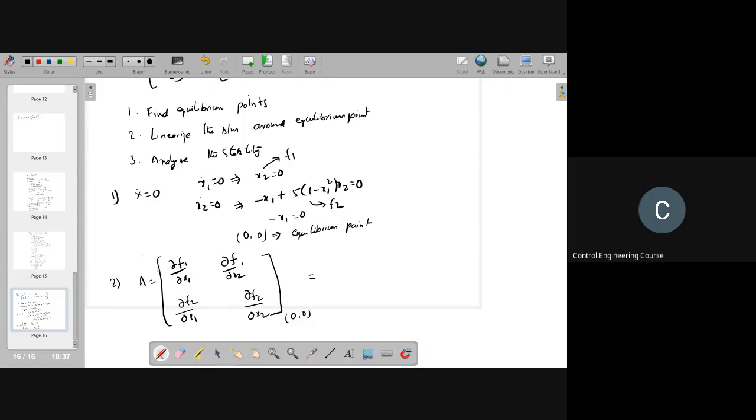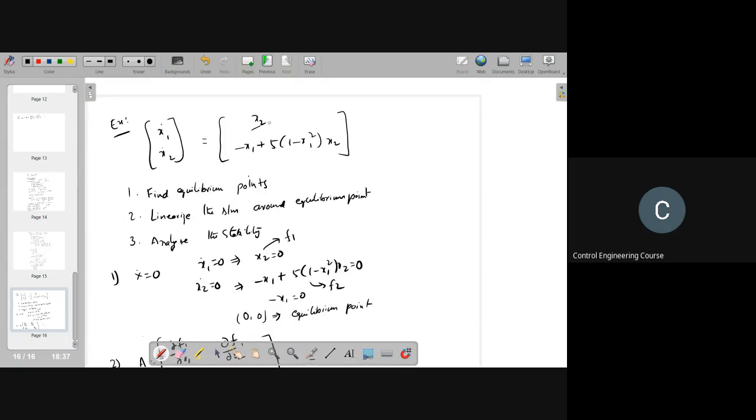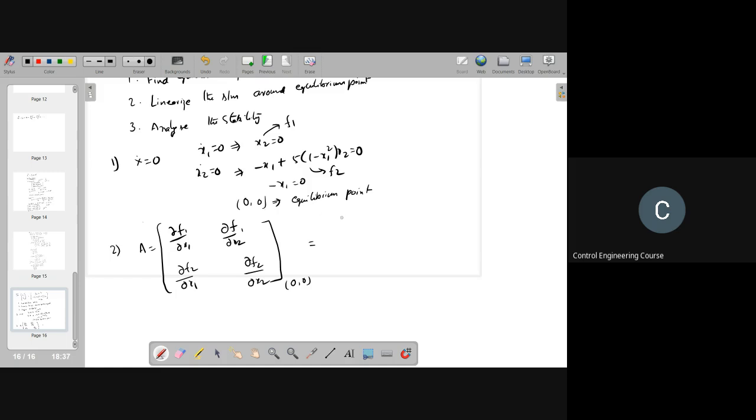Now dou f1 by dou x1 means this one. This is your f1, this is your f2. So f1 is x2 and f2 is minus x1 plus 5 into 1 minus x1 square x2. Dou f1 by dou x1: because in x2 there is no x1, this is 0.